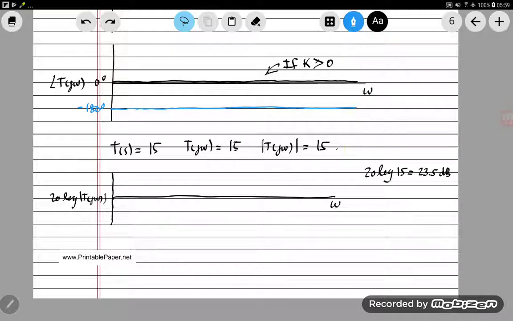So we can plot it somewhere here, around 23.5 decibels. And that is for both when this transfer function is equal to 15 and when it is equal to negative 15.